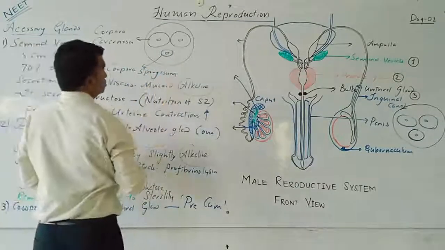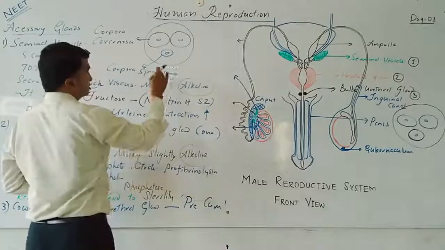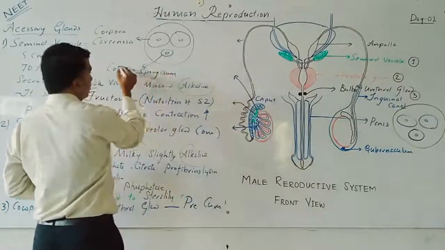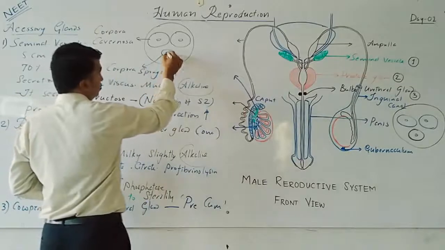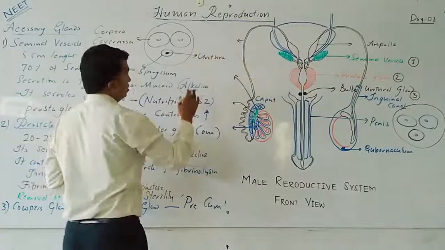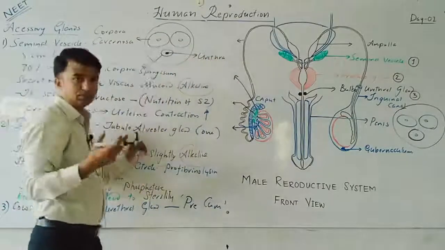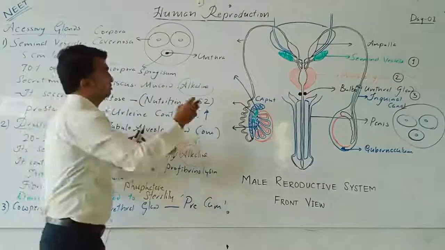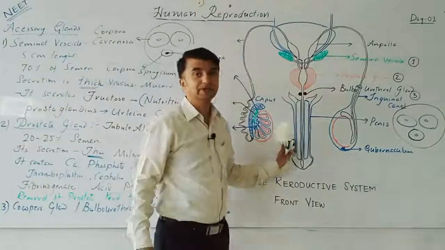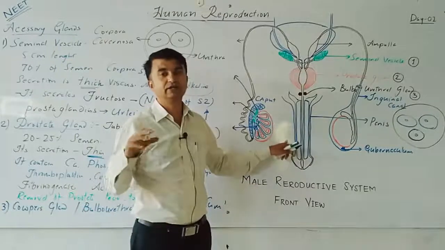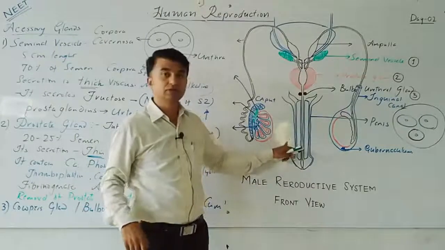So a total of three structures are there. They extend from the anterior part to the posterior part. The corpora spongiosa contains the urethra. These are the musculature. Whenever the penis becomes erect, that will facilitate the insemination function.